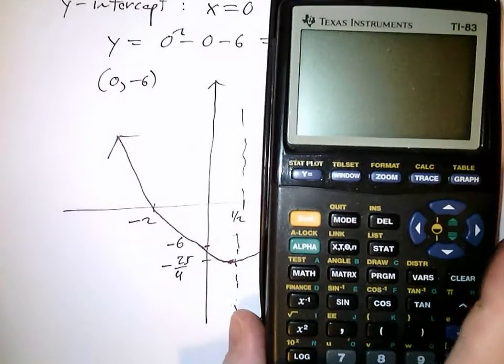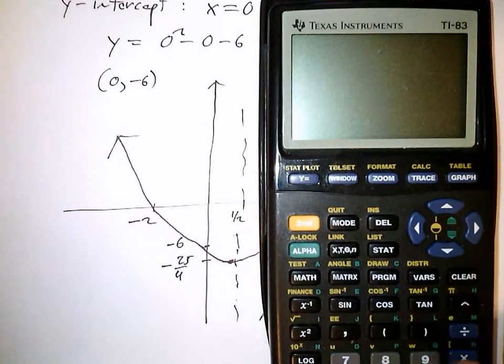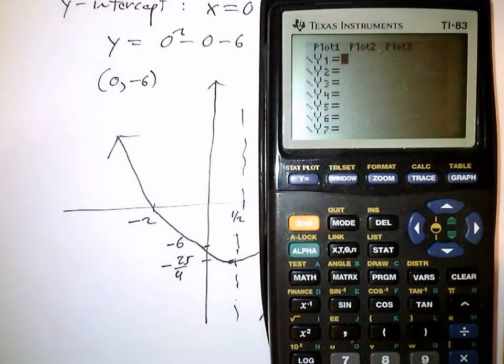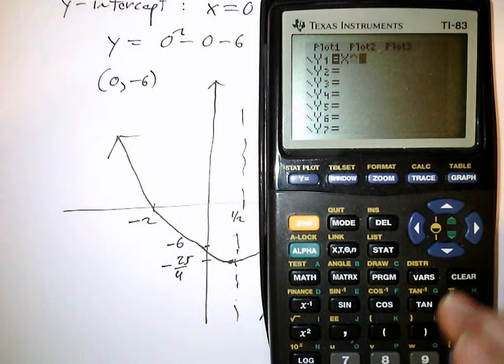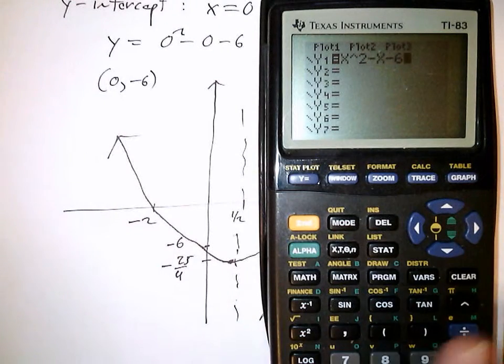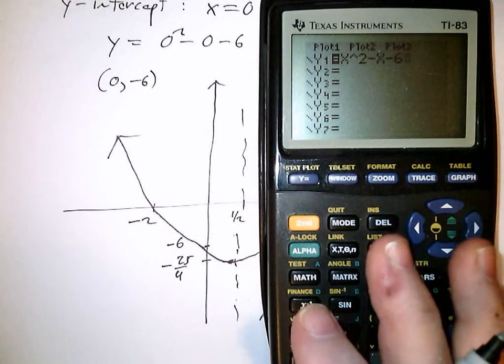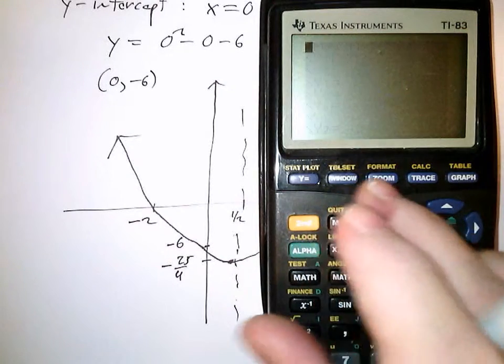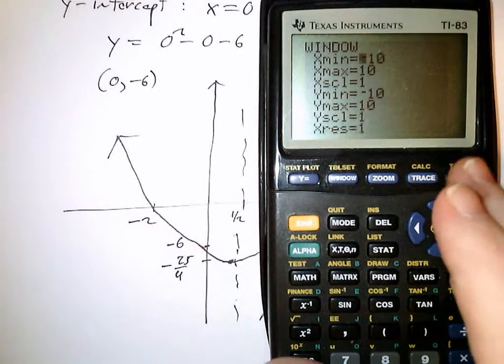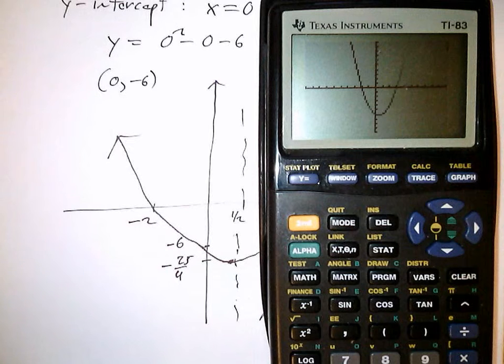I have typed this in here, so I want to turn this on, I do my y equals, I hope you can see it, so I want x squared minus x minus 6, and I want to have all my points of interest, so I'm going to quit out of this, and my window here, well, I certainly want x between negative 2 and positive 3, but maybe I'll leave it at negative 10 to 10, and y at negative 10 to 10, and graph this and see what it looks like.